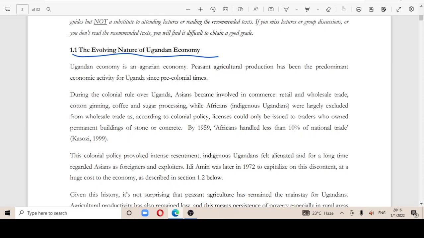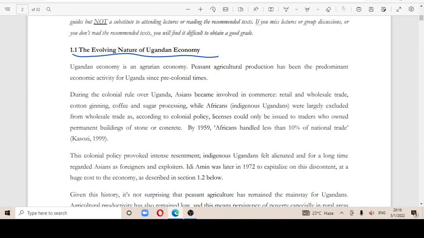I want you to note, if at all you have somewhere to note, that we are going to be looking at the pre-colonial times, then during the colonial times, then we are going to look at the aspect of Idi Amin coming in to influence the Ugandan economy, that is in 1972.